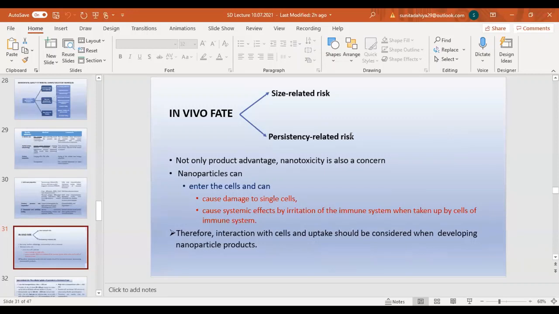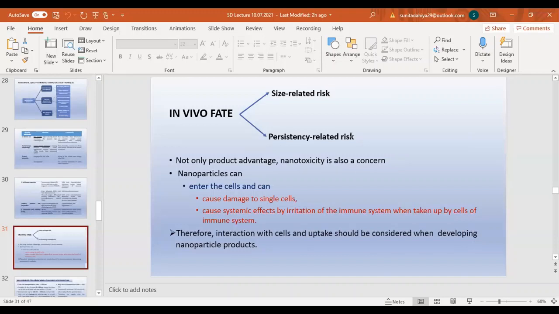It is all about the size that we are talking about. Another thing is persistency, that means whether the nanocrystals or nanoparticles will be biodegradable or not. So based on the size and persistency, they may impart some risk.